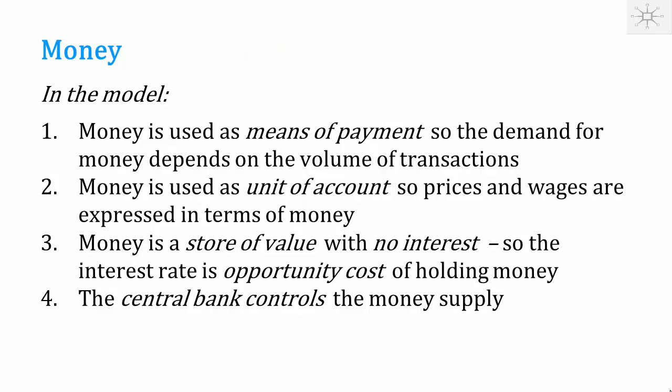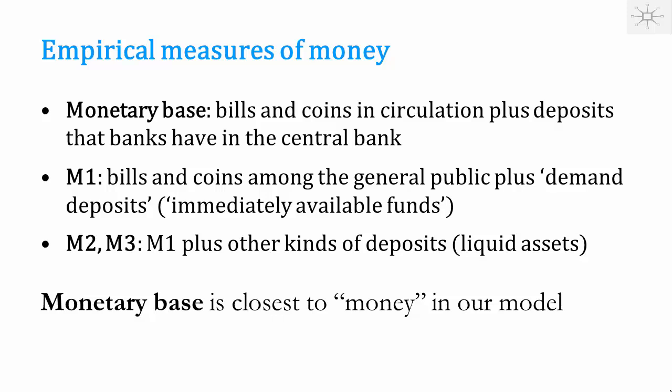If you go to more broad definitions of money, then they will typically yield interest. You cannot directly pay with them, and the central bank does not really have that much control over those monetary aggregates. So in that sense, my view is that the monetary base is the measure that most closely corresponds to how we actually model money in this model.